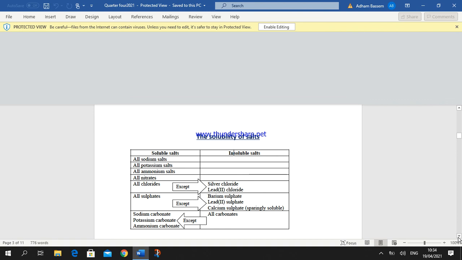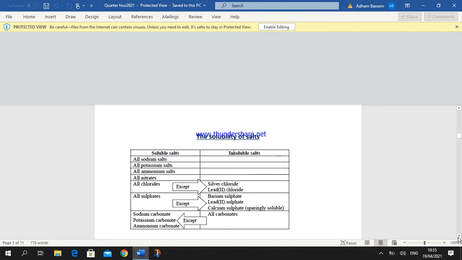Also all chlorides, all salts ending with the chloride negative ion, are soluble except two salts, silver chloride and lead chloride, AgCl and PbCl. Both of them are insoluble.